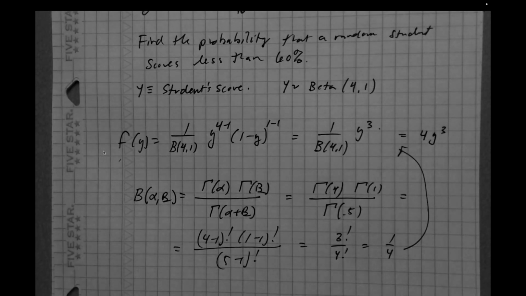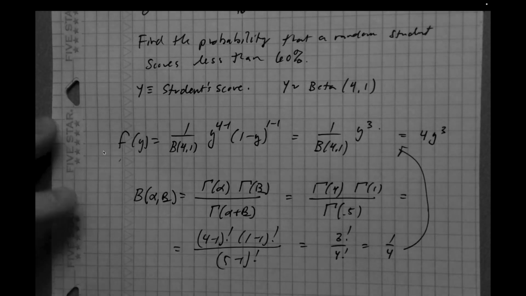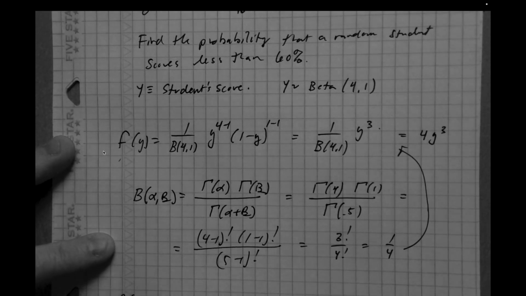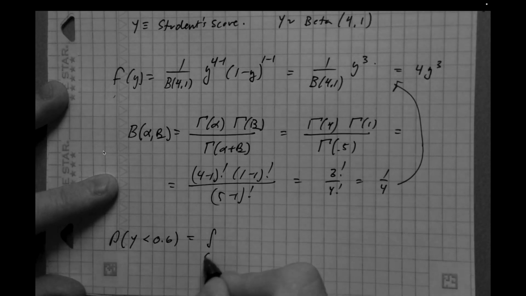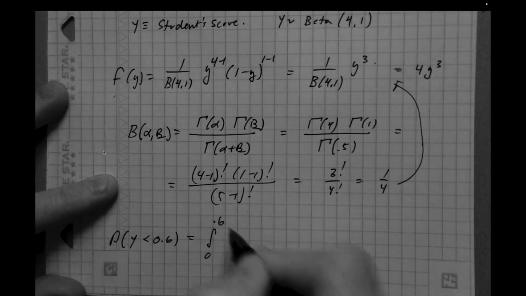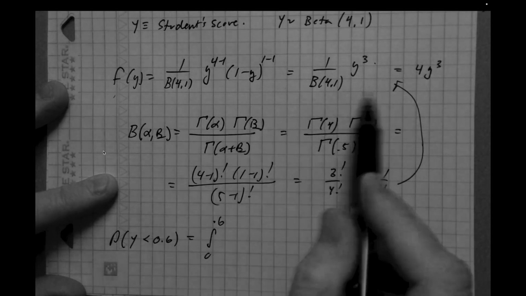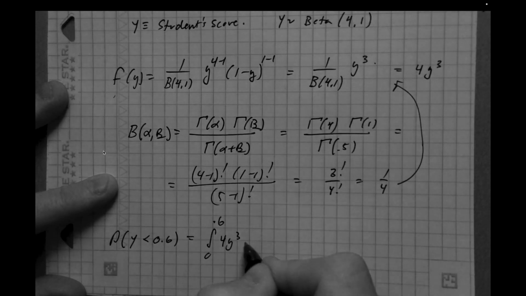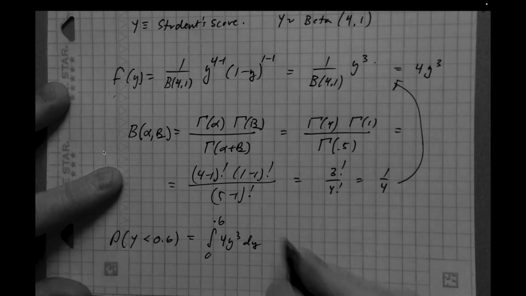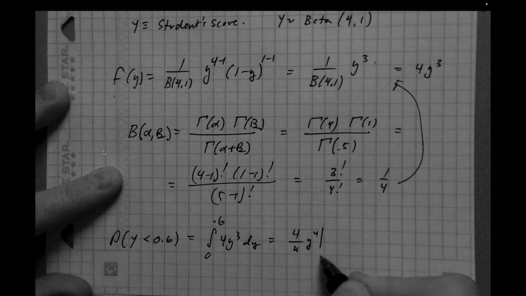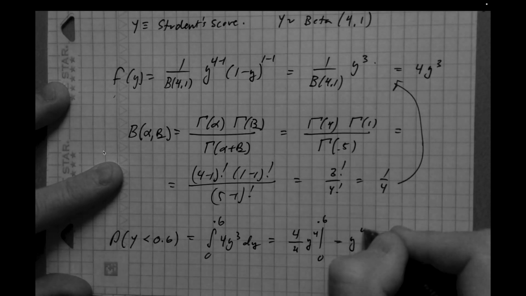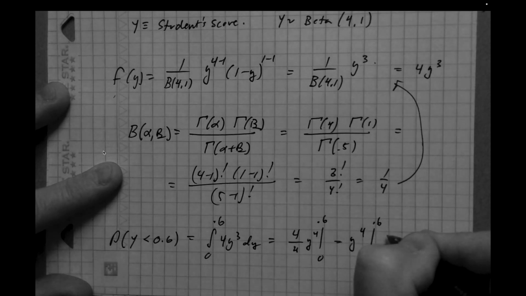Okay, so then the probability is easy to find. We're interested in the probability that y is less than 0.6. That's just equal to the integral from 0 up to 0.6 of the PDF, which is 4y cubed. So that is 4 over 4 times y to the 4th from 0 up to 0.6.